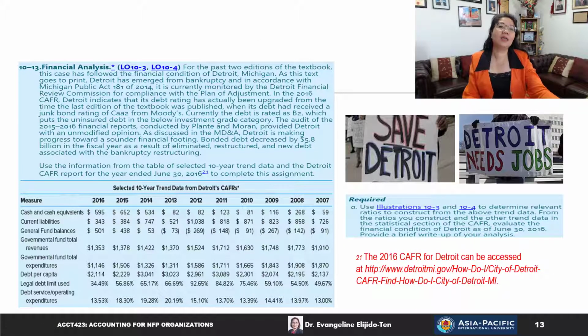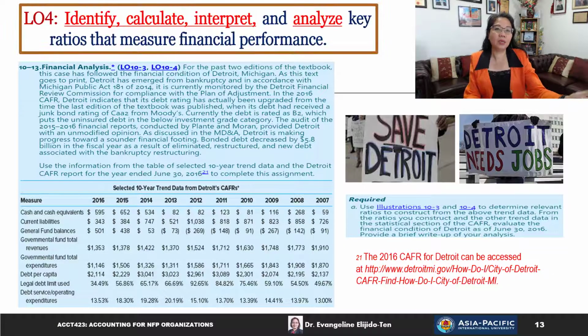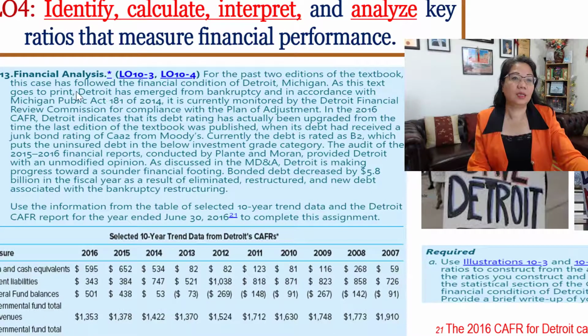To analyze the key ratios that measure financial performance, we will look at this case by the authors of your textbook, The Condition of Detroit, Michigan. Some of you might have heard of this city because it has been infamous for going bankrupt.